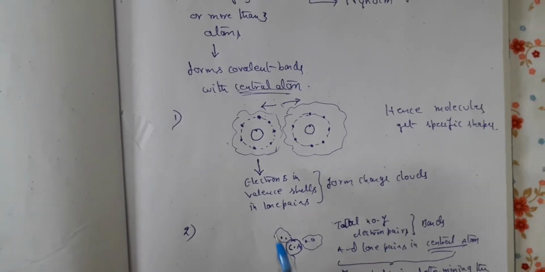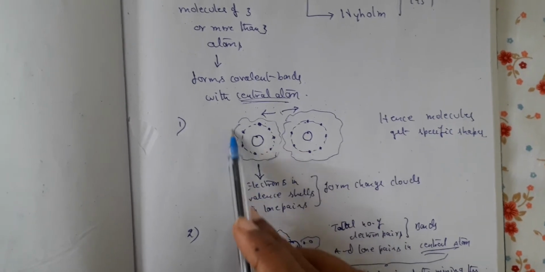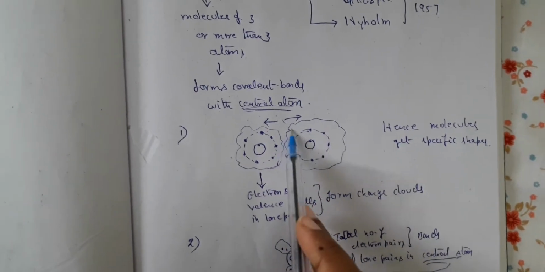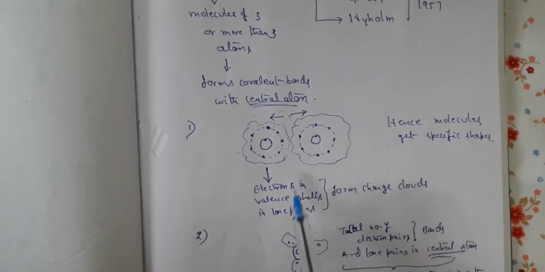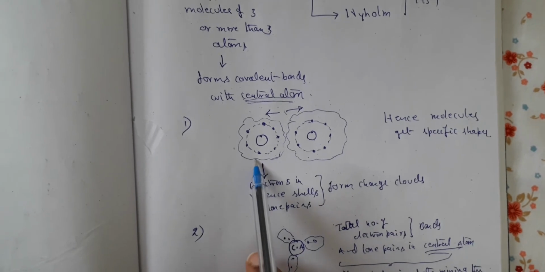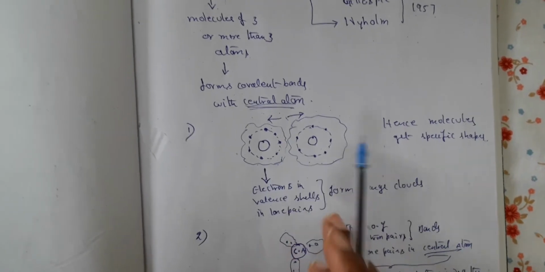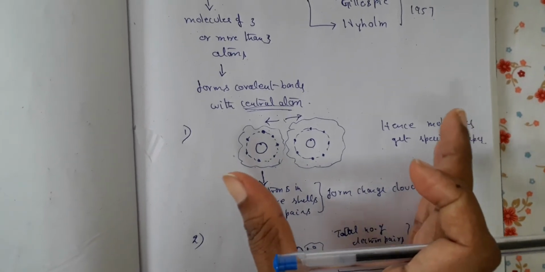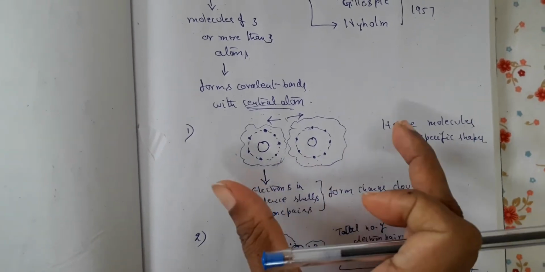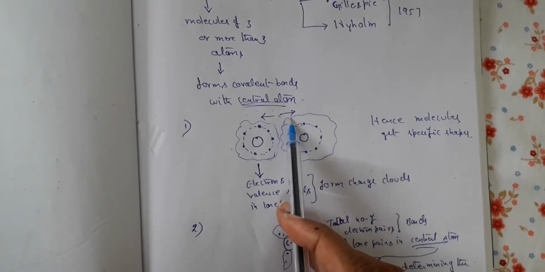Repulsion takes place. Similarly, suppose in a valence shell you have these 7 electrons forming a cloud, and this also forms an electron cloud. That means the charge of this and the charge of this are similar. So instead of these atoms coming closer, they get repelled by the repulsion between these two clouds.